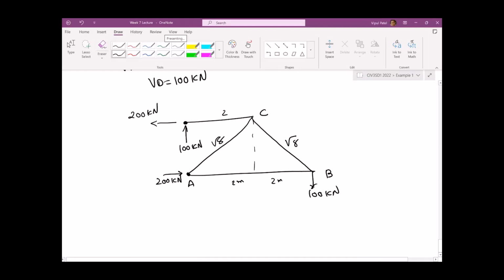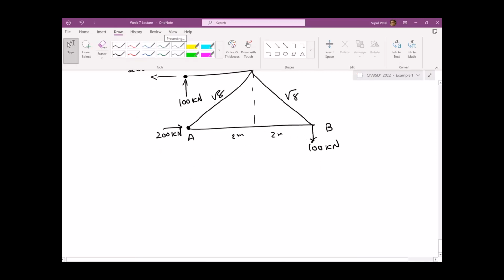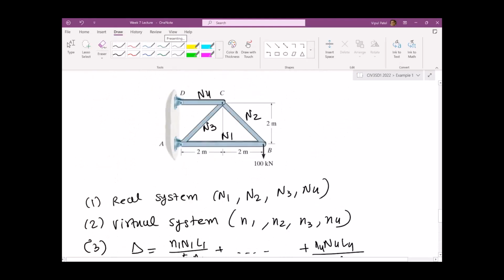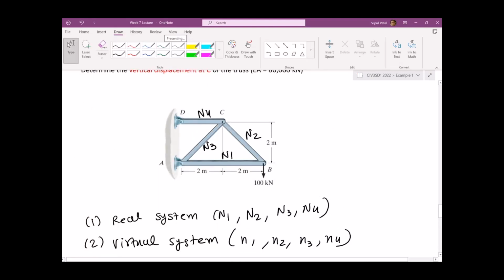We can start with joint A or joint B, it doesn't make a difference. Let's start with joint A. And by the way, we're not going to change the numbering 1, 2, 3, 4.